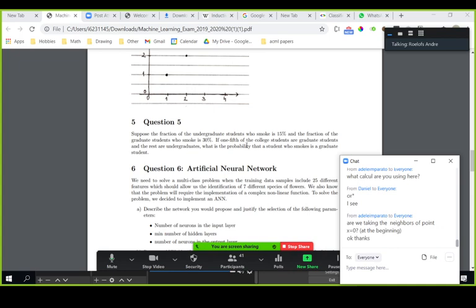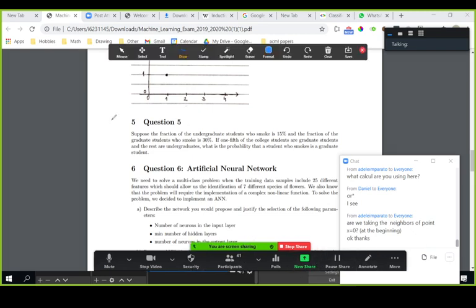And then you take the probability that the graduate student smokes, right? So let's first check if the student we took is a graduate student, and the probability of that is 20%.